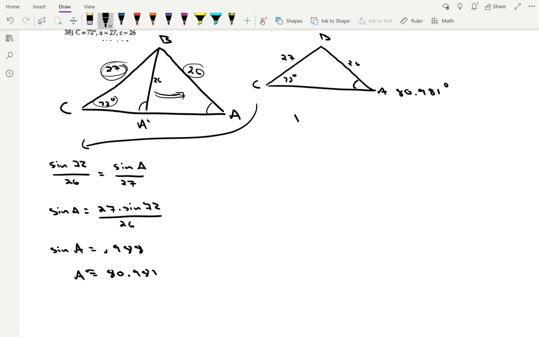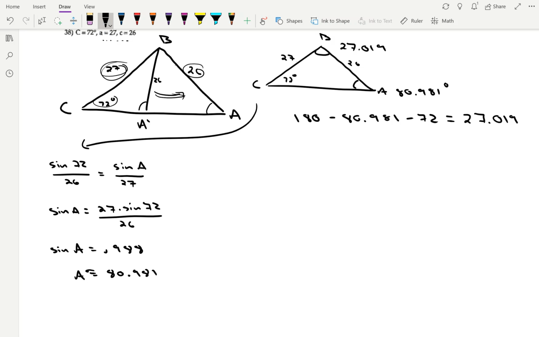Okay, so then I can do 180 minus 80.981 minus 72, and that gives me, long problem, almost there, keep going. And that's 27.019. So that would be right here.